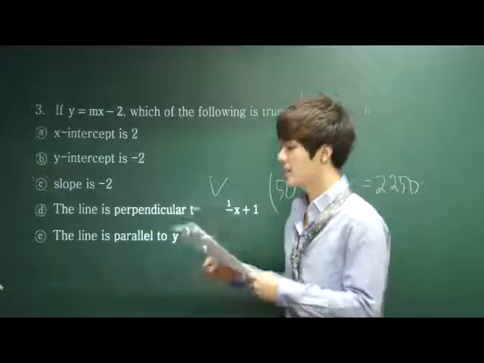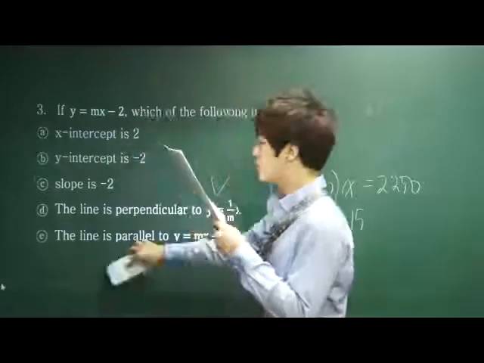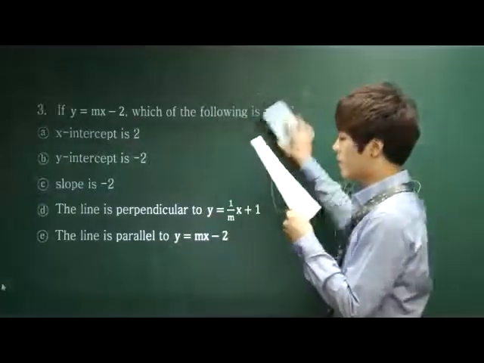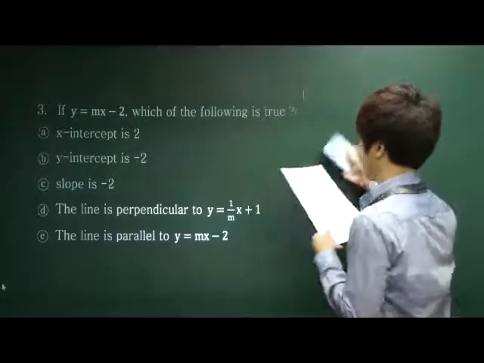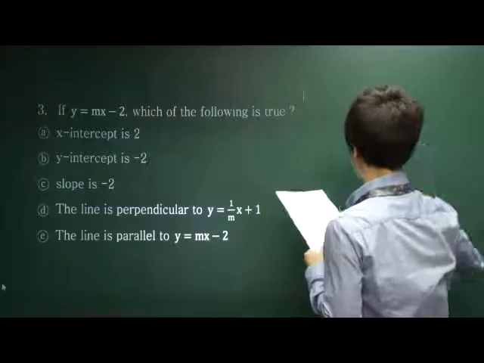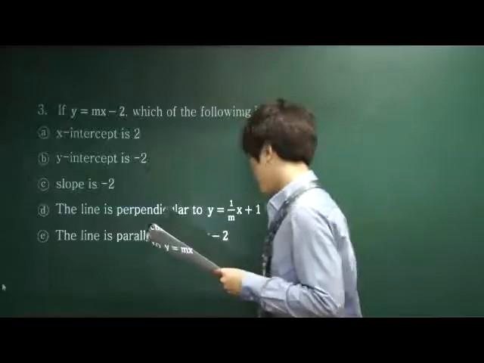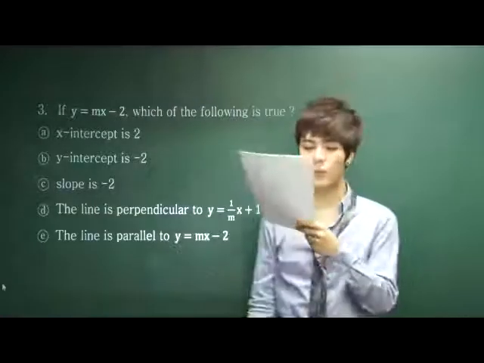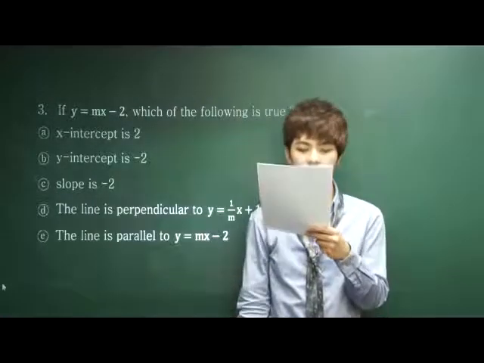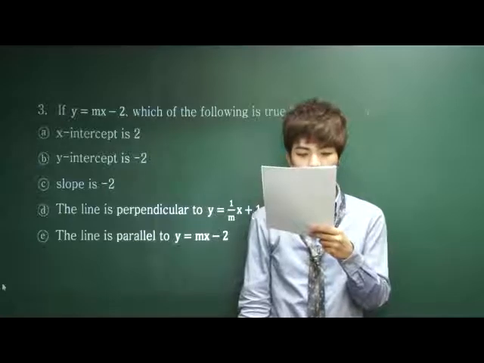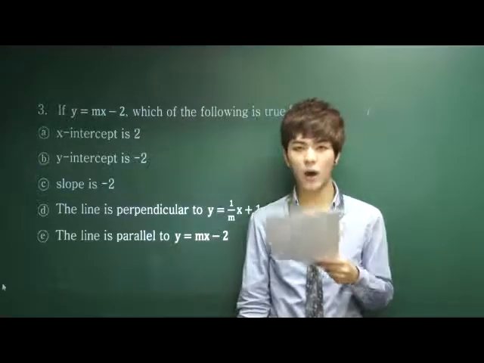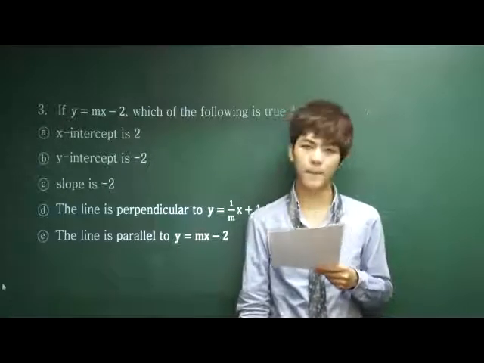Number 3. It says, if y is equal to mx minus 2, which of the following is true? This is a linear function, the simplest form of the function, right? Let's check one by one. A says x-intercept is 2. We cannot be sure. Why? Because we don't know the value of m, right?